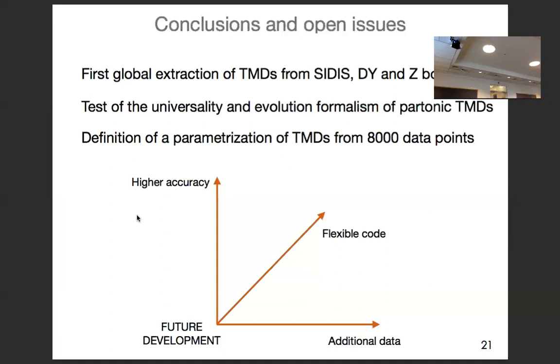What's the future? Additional data. We hope in the future to include also e+e-, more flexible code because up to now the code is not that optimized, let's say, and higher accuracy, including higher order, either in the pseudocode and in the Y term.